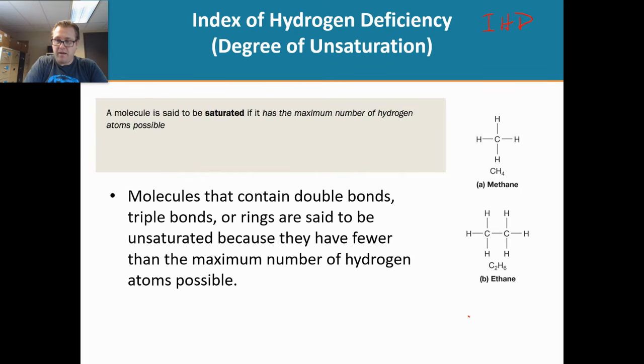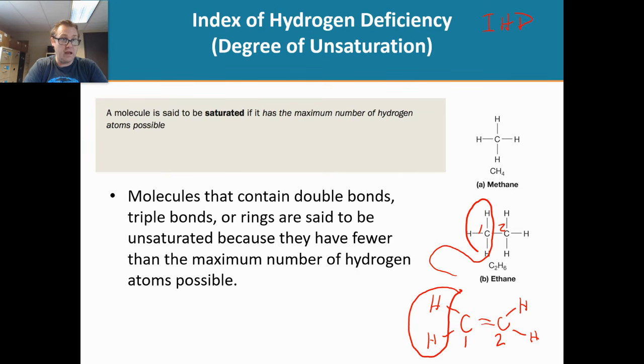But if you compare ethene, drawn here, do you see how we still have 2 carbons, just like in ethane? But look at carbon 1. It now only has 2 hydrogens when it could have had 3.